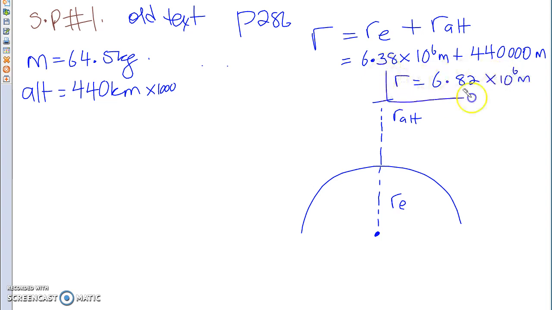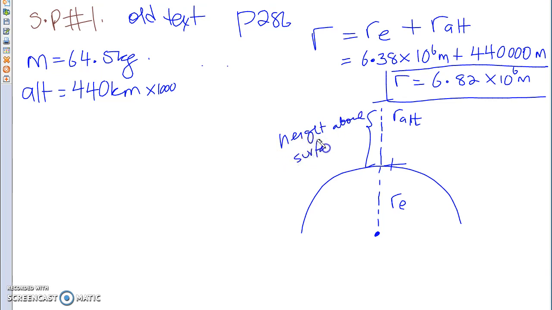So as I said, when I'm talking about R from now on, we mean RE plus R altitude. Altitude is the height above the surface of the Earth.